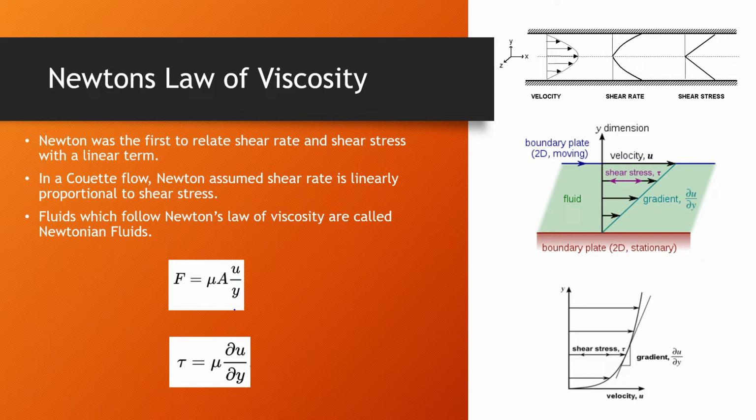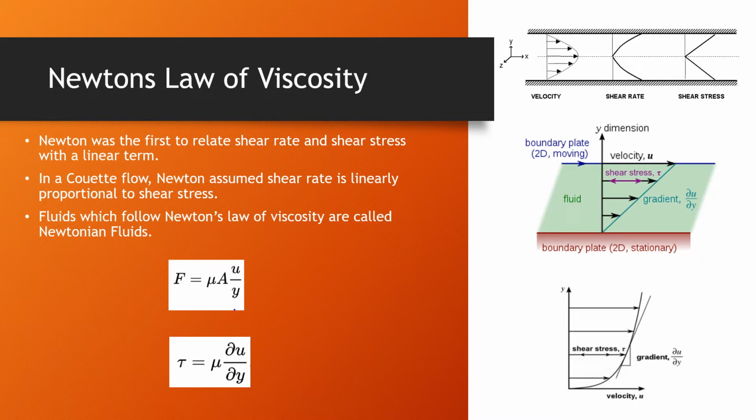So if the top plate is moving with velocity u, the fluid adjacent to it would also be moving with velocity u. Now that would create a velocity gradient, as you can see in the picture on the right-hand side.